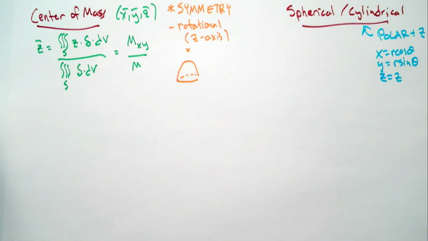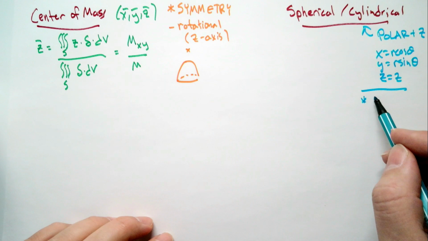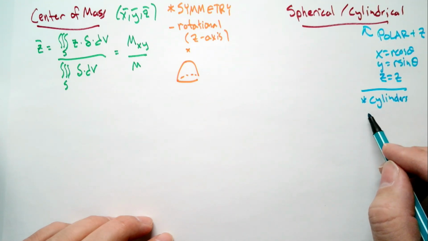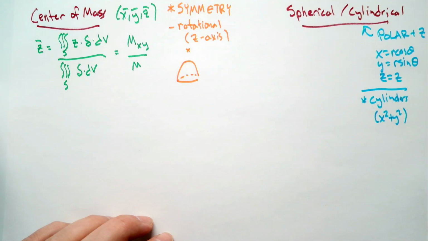Now, when do you switch to polar? When do you switch to cylindrical? The clues that you switch to cylindrical are you look for things like cylinders. But really, in general, what you look for is if you see lots of things written down with x squared plus y squared, because x squared plus y squared is geared to work in polar.